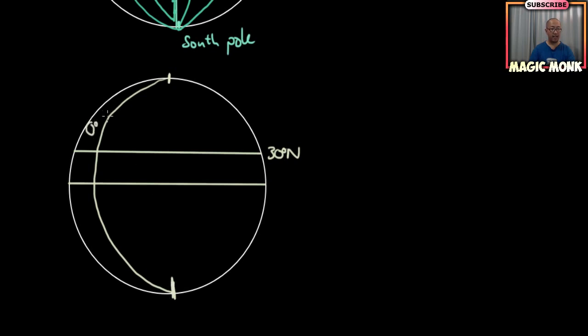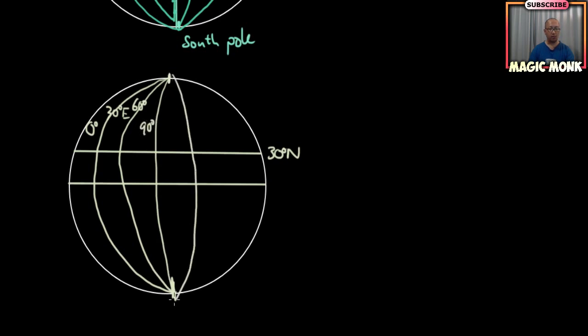Let's say London is somewhere here. So 0 degrees, and we want 120 degrees. We have 30 degrees east, then 60, 90, and let's say this is 120.